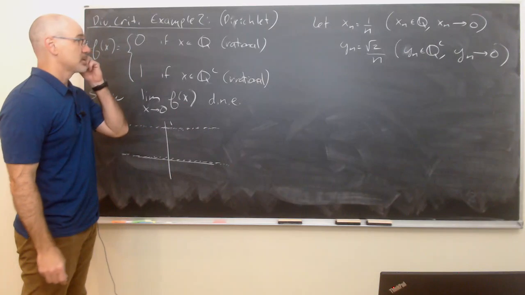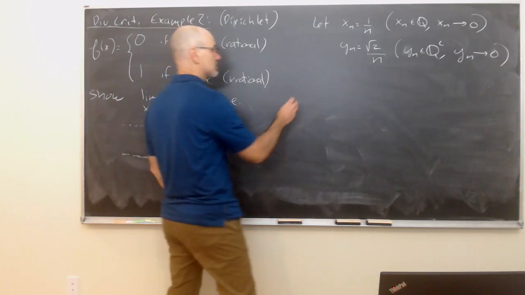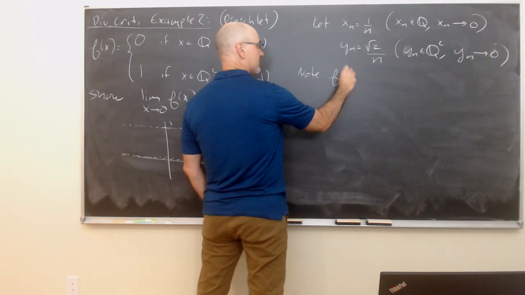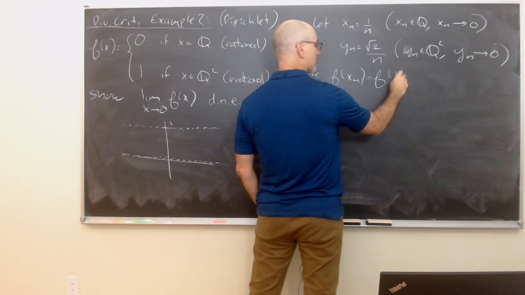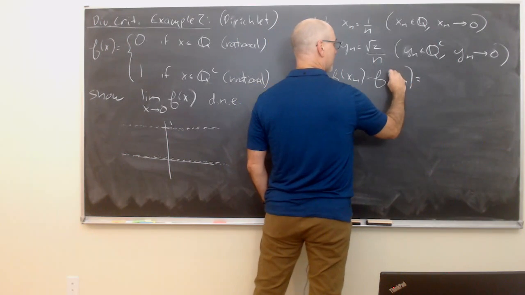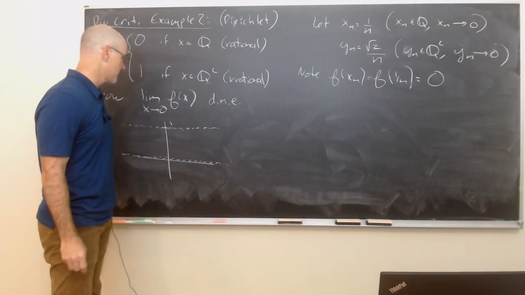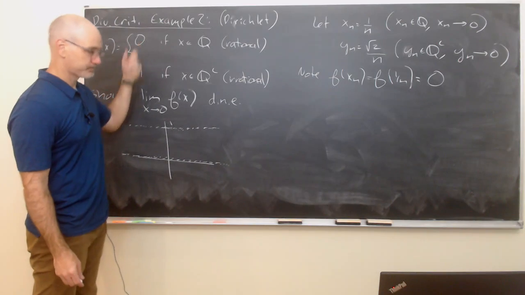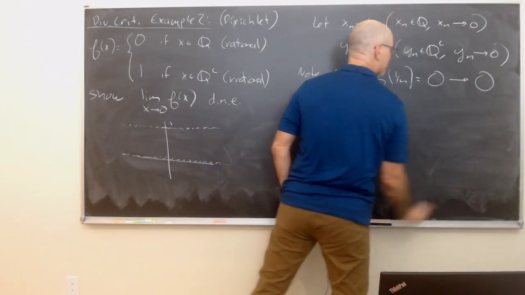All right, now let's look at the action of f on each of these sequences. So f of x sub n is f of 1 over n, but because all of my x sub n's are rational numbers, the function is 0 there. So that goes to 0.